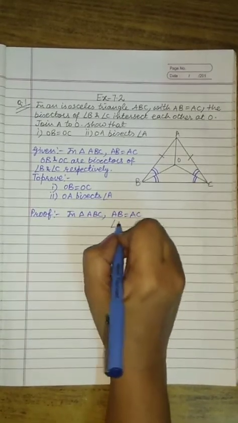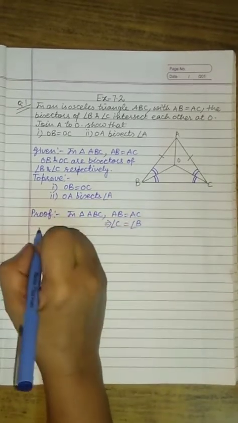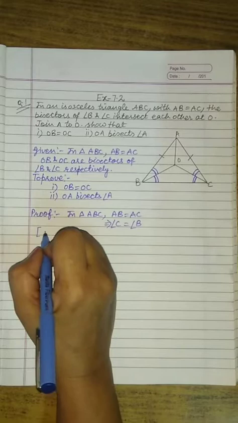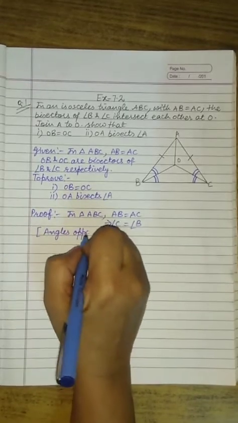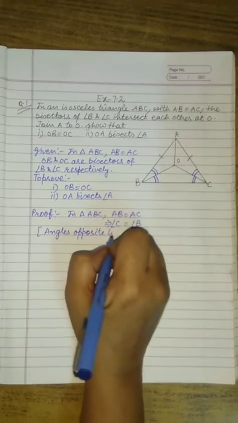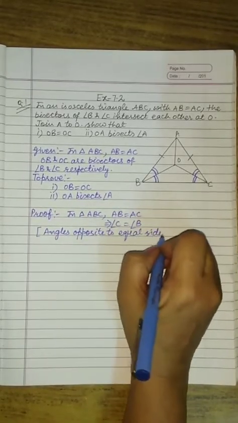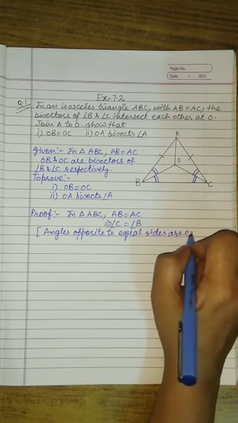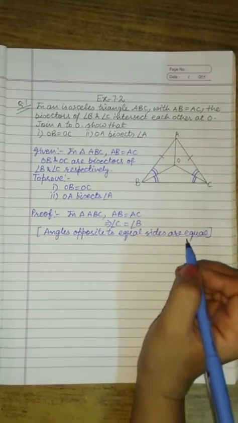So angle C is equal to angle B. Now which property we have used here? Angles opposite to equal sides are equal. So by using this property, angle C is equal to angle B.